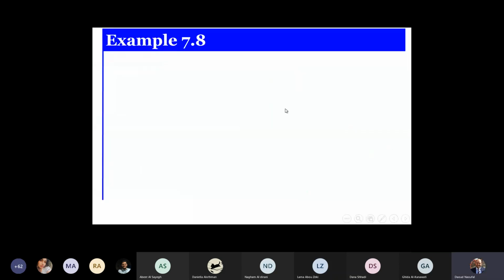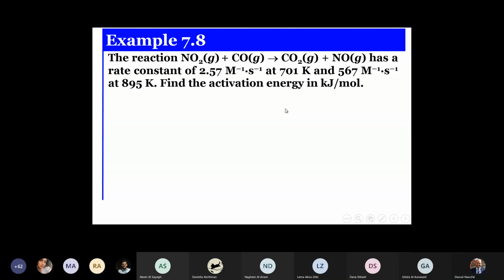Example 7.8. The reaction NO2 gas plus CO gas to CO2 gas and NO gas has a rate constant K1 of 2.57 m minus 1 second minus 1 at T1 and a rate constant of 567 m minus 1 second minus 1 at T2. Find the activation energy.